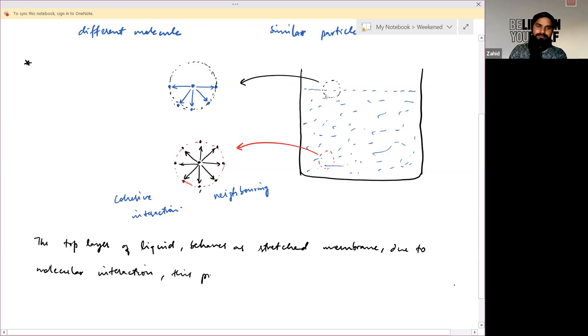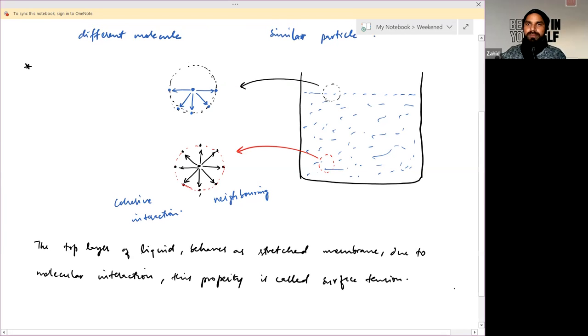This property is called surface tension. Okay, first write it down till this part.